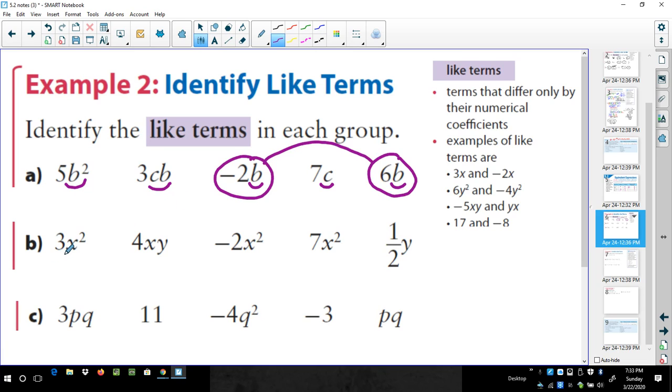Okay, next, x squared, xy, x squared, and y. In here, I see that there's more than one expression with an x squared, so these are called like terms.